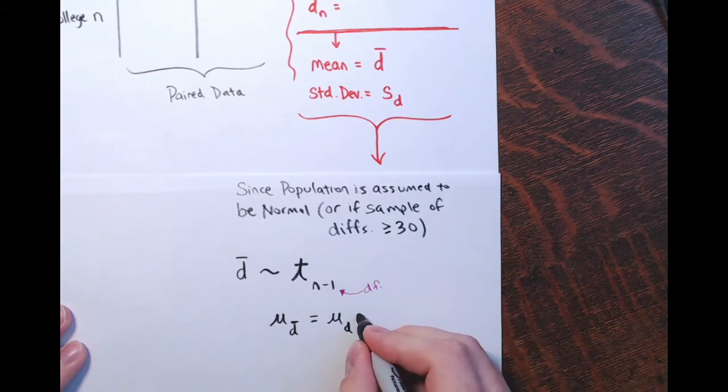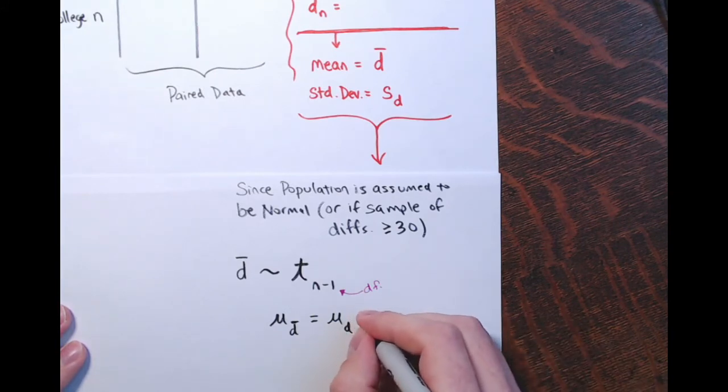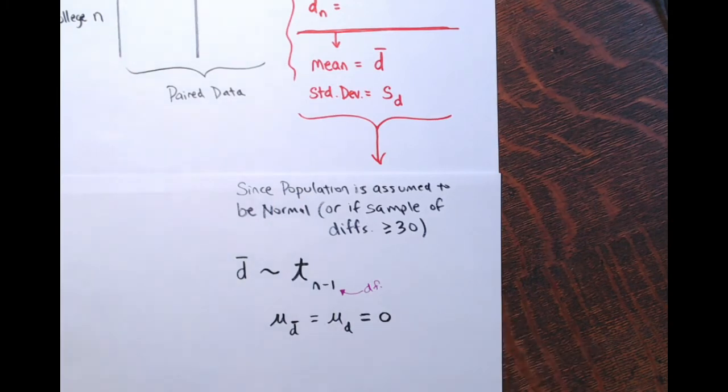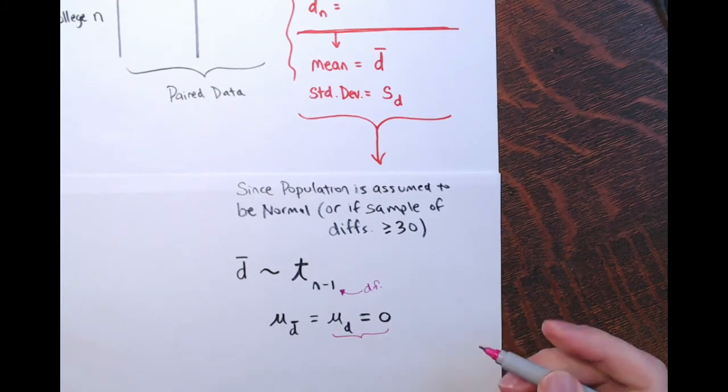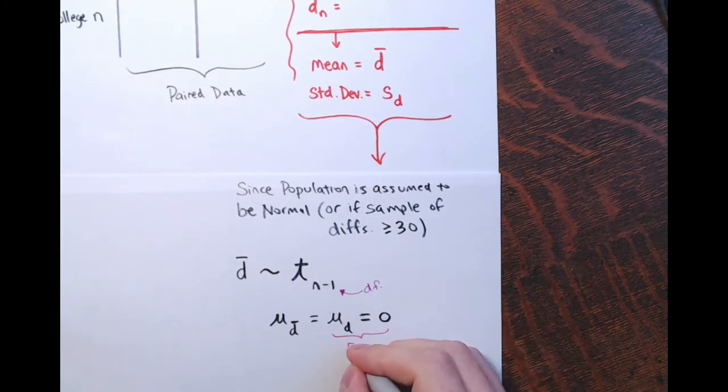And usually this will be assumed to be 0 from the null hypothesis. This assumption that mu d, the average of all the differences, is 0, is usually going to be from the null hypothesis.